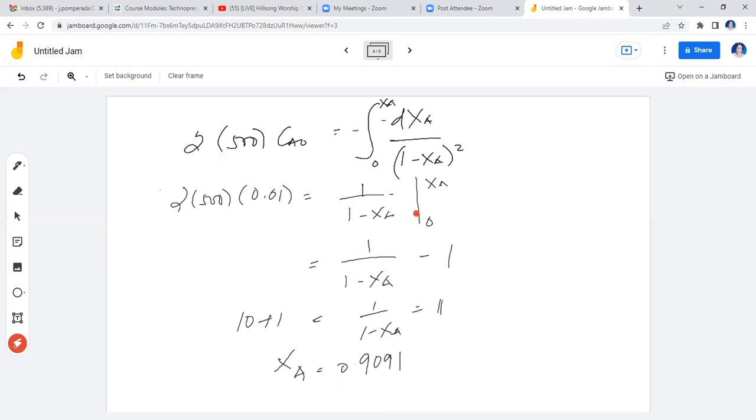So those are the key points that you should be able to get from this particular sample problem, simple as it is, but that's the important learnings that should be extracted from doing the calculations related to this sample problem. Now, do you have any questions?